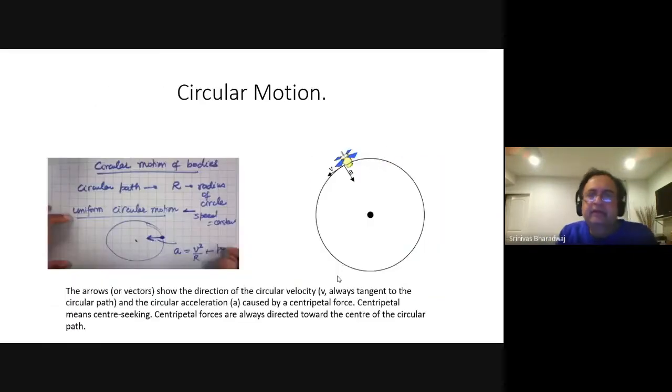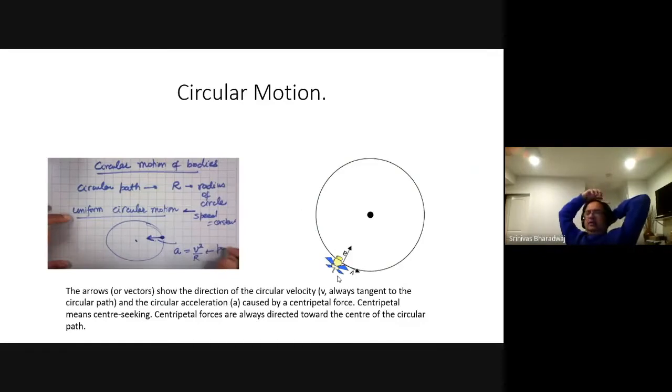So v equals omega cross r, and acceleration is omega cross v. So you end up with omega square r, and since v equals r omega, therefore v square by r.